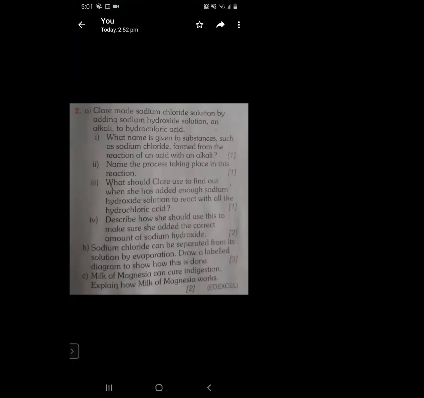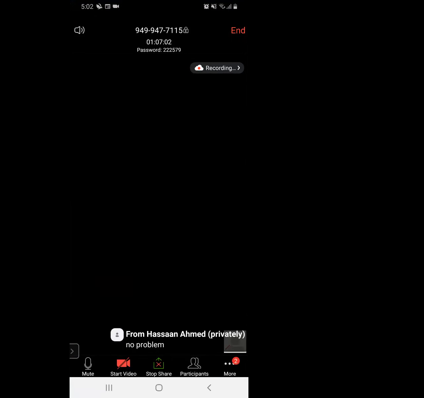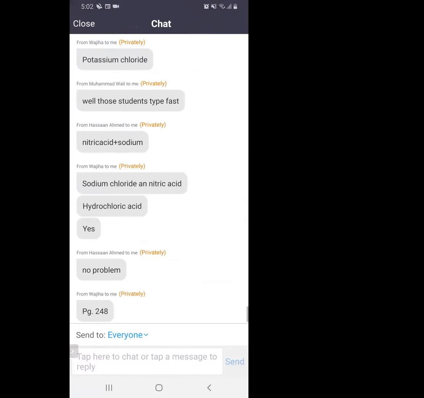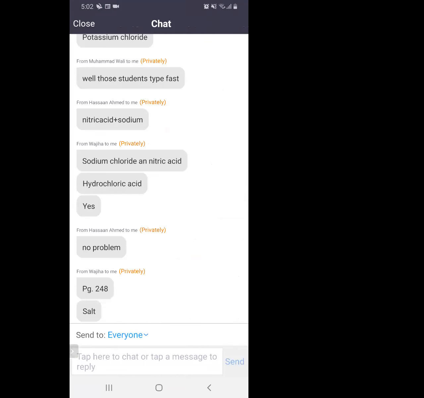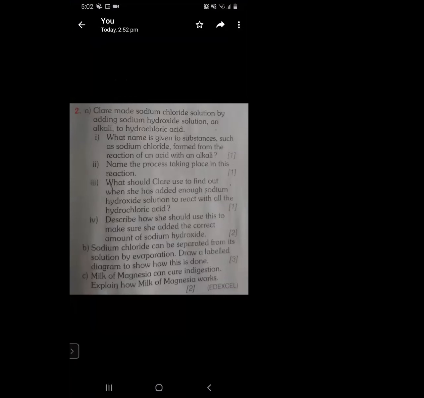Claire made sodium chloride solution by adding sodium hydroxide solution and alkali to hydrochloric acid. What name is given to substances such as sodium chloride formed from the reaction of an acid with an alkali? This is easy. What is that product called which is produced? Salt, right, Wajiha, salt.